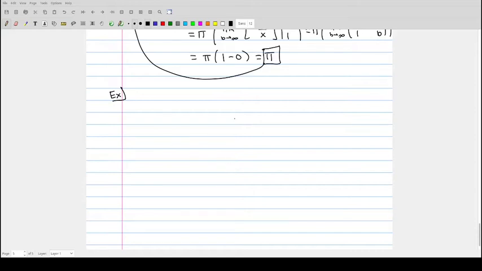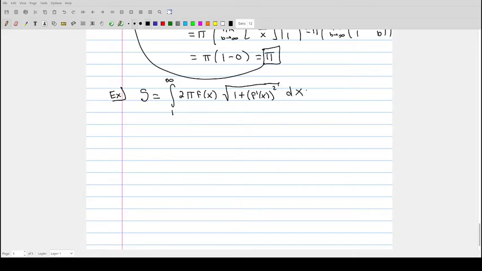Specifically, if we think about the surface area of this surface, call that S, you'll remember from the surface area formula that this is going to be the integral from 1 to infinity of the circumference at any given cross section, that's 2 pi times f of x, times the square root of 1 plus f prime of x squared dx.